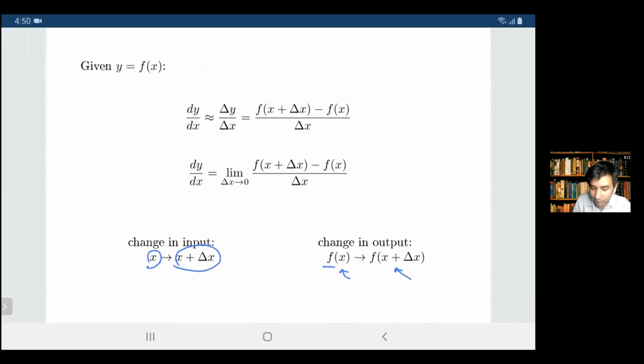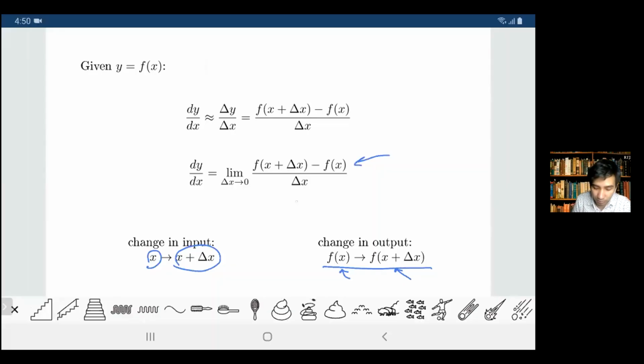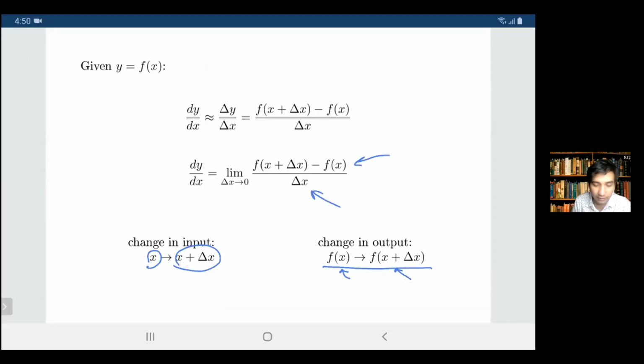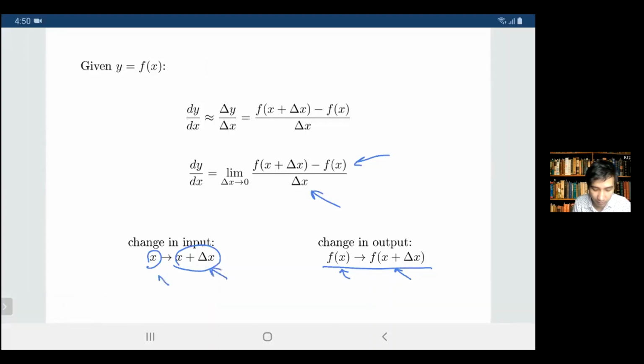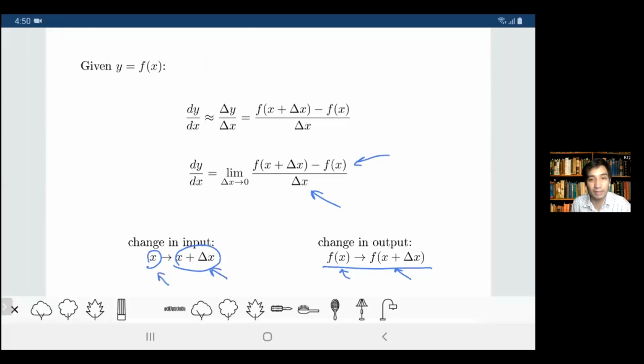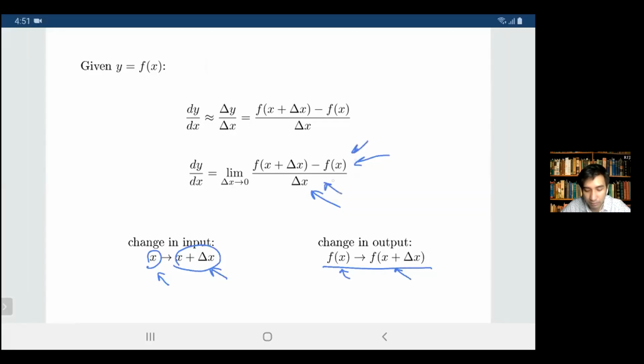So yung difference, the change in the output is encoded in the numerator. Tapos yung change in the input, so if you subtract the new input and the old input, that's going to be delta x. Okay. So ang kinukuha ng derivative ay yung change in output over the change in input as the change in input goes to 0.